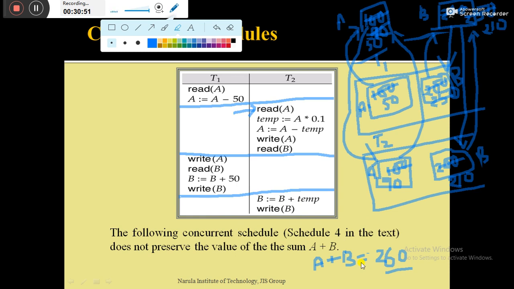So from this scenario we can conclude that concurrent execution of transactions does not always leave a database system in a consistent state. Rather, it may happen that concurrent execution of the transactions leads to an inconsistent state. So this is the major problem.